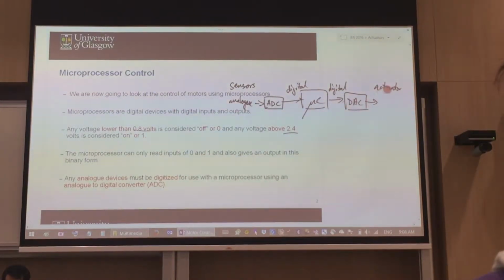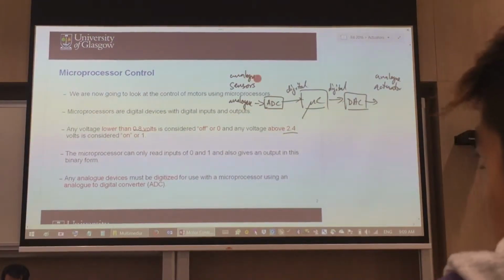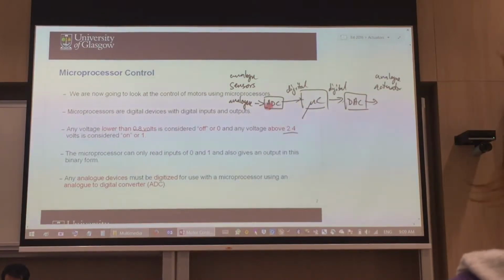There are also actuators that read digital signals directly. So there are different combinations. If you have analog actuators and analog sensors, then you need to have an AD converter or DA converter.